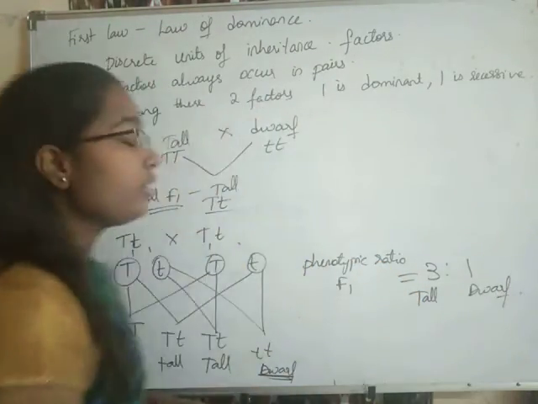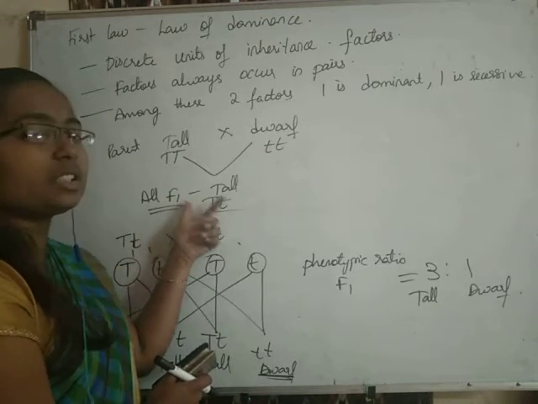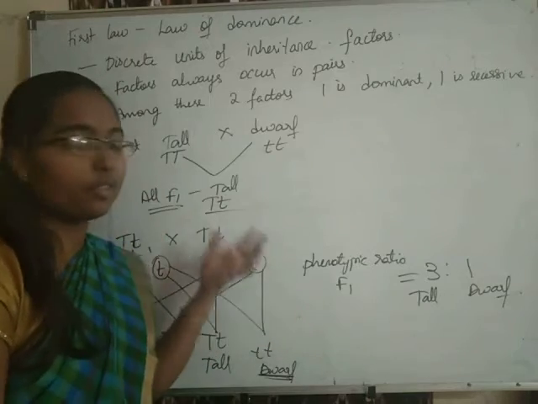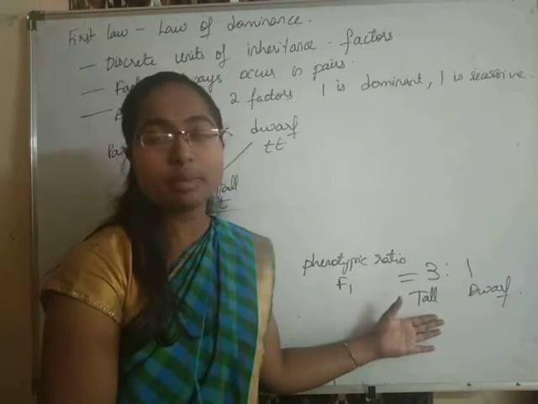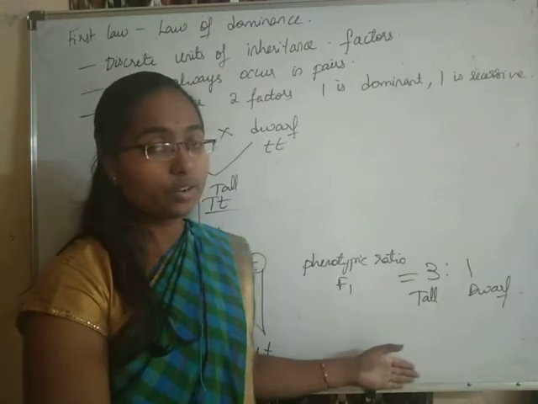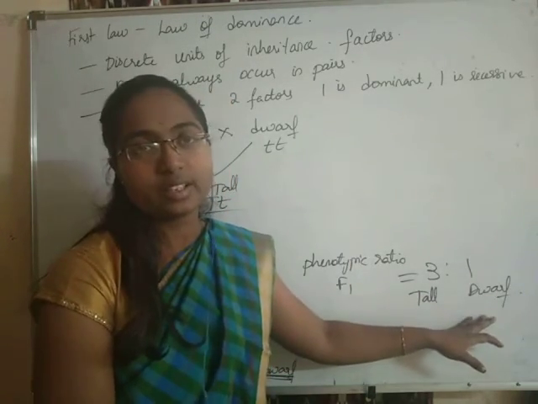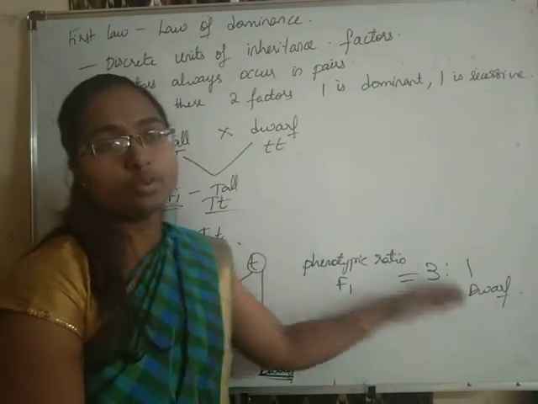So what is observed here, students? The character which was not expressed at all in the F1 generation has appeared in the F2 generation in the ratio 3:1, with 1 being the dwarf character.